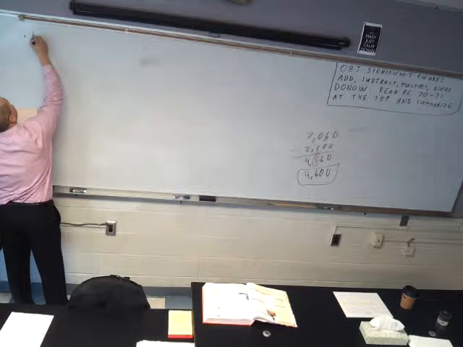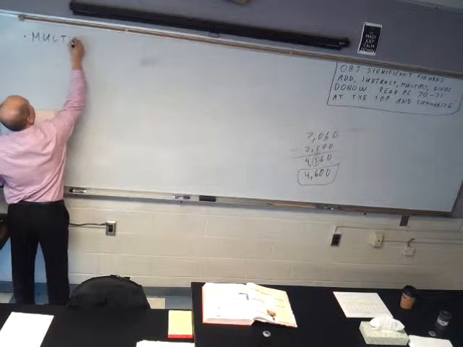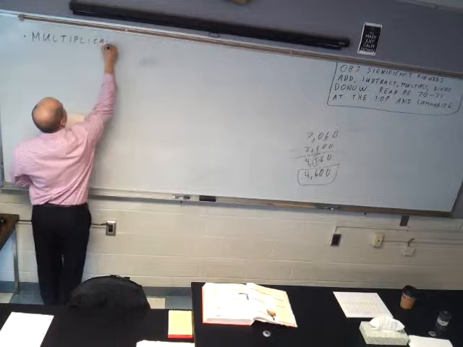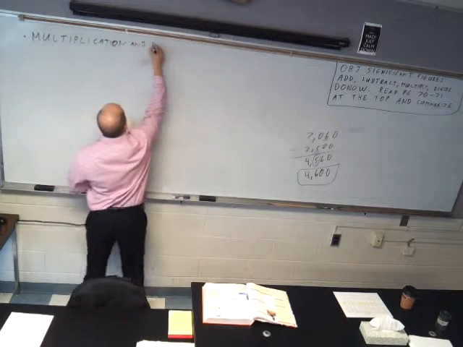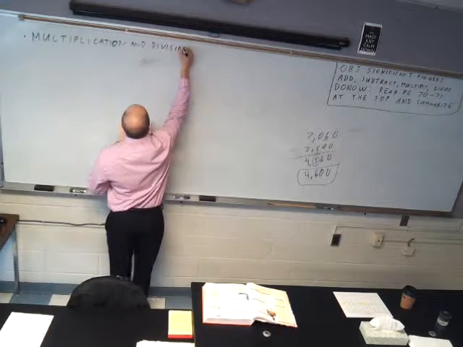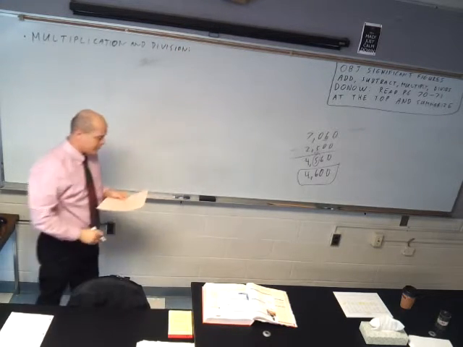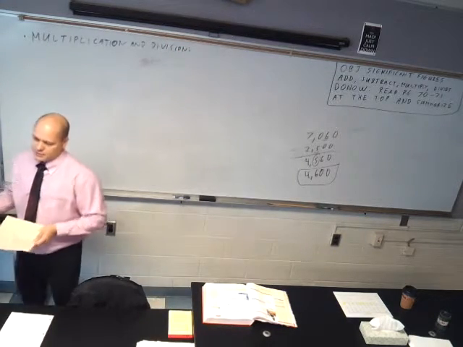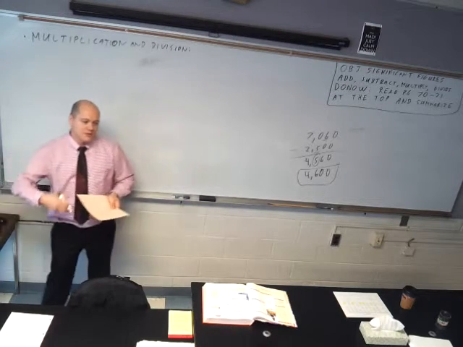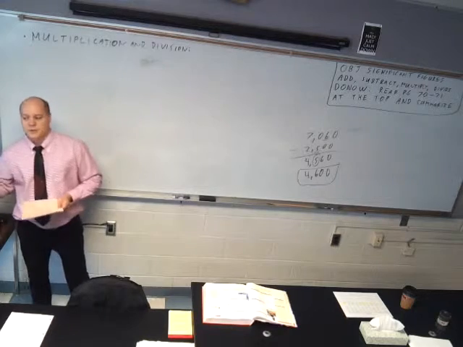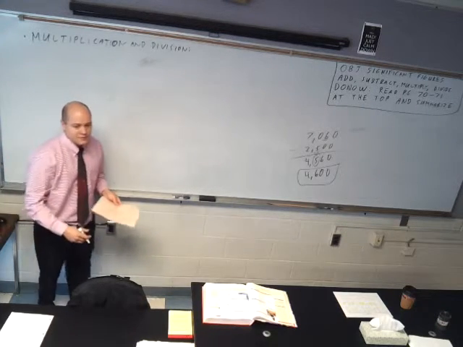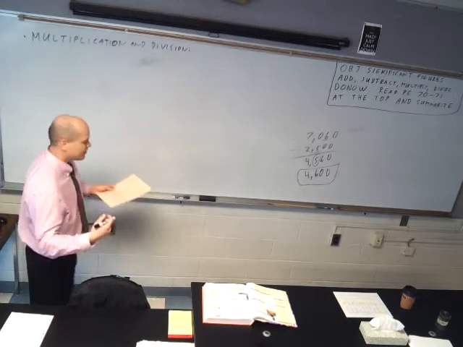Multiplication, division. All right, so the rules are completely different for these two. With addition and subtraction, it's the decimal place that matters, where it is relative to the decimal. With multiplication and division, it's only the number of significant figures in each number that matters.